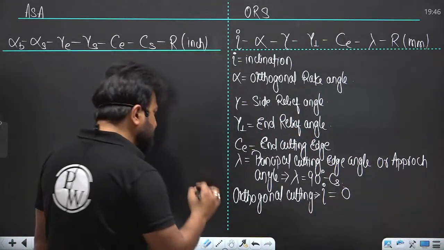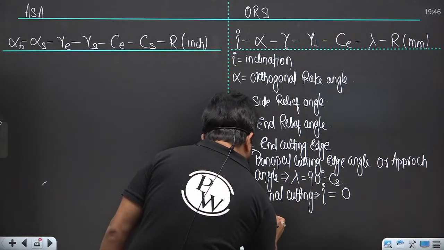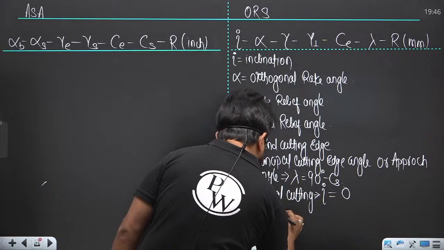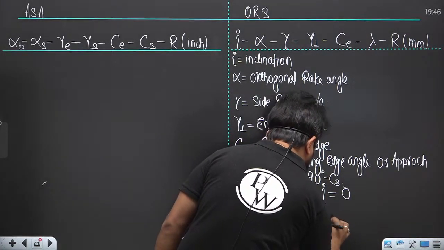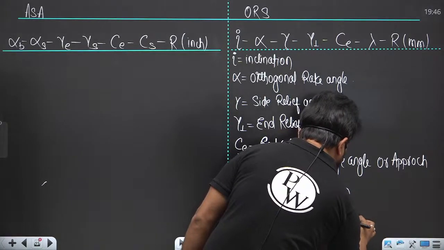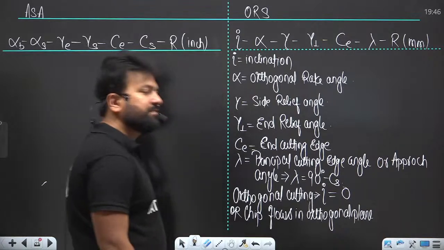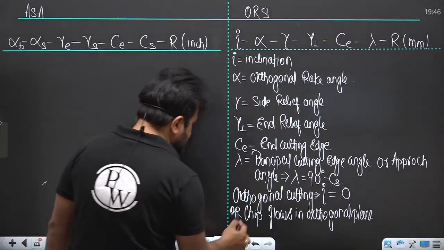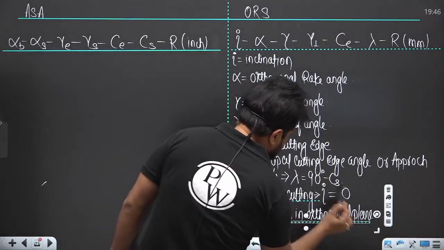Or if somebody says the chip flows in the orthogonal plane, the meaning is still the same: I equals 0.